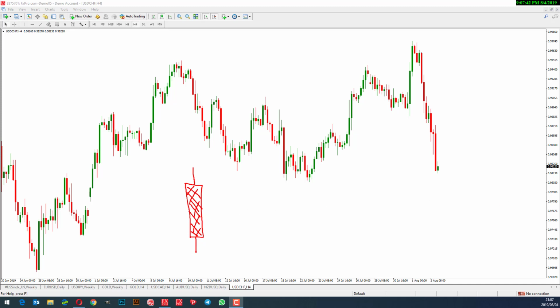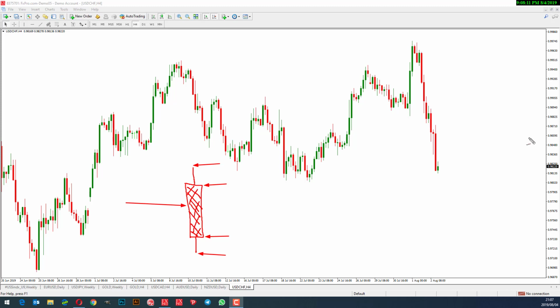We've got this price point here, this one here, this one here, this one here, and then we've got the body of the candle. So you can clearly see there are 5 core items that represent a candle.